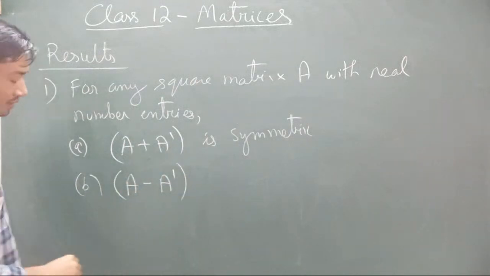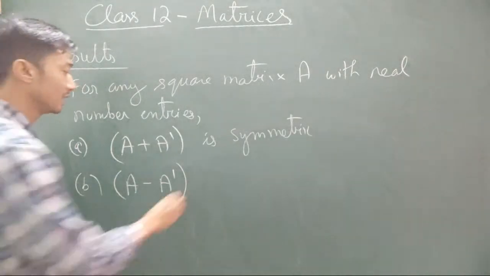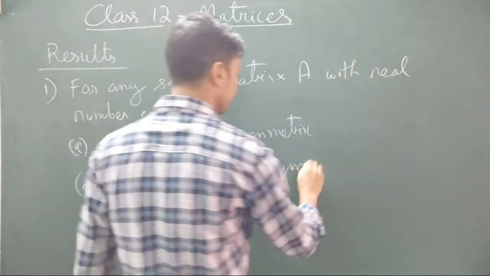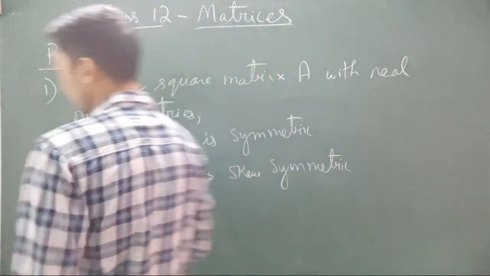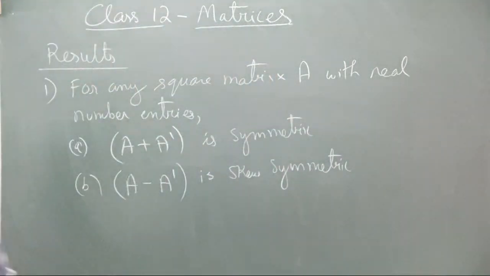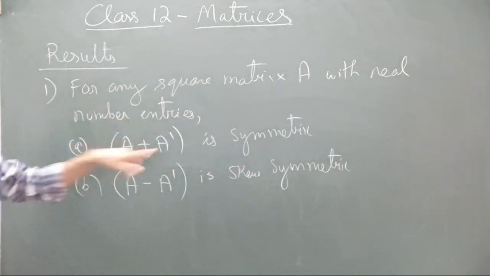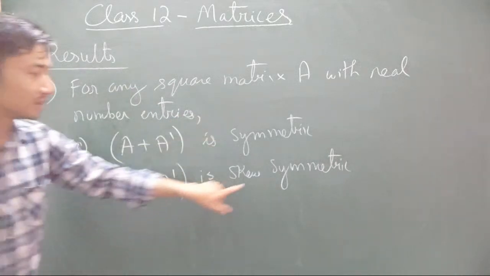If you subtract the transpose of the matrix from the original matrix, you will get a skew-symmetric matrix. So for any square matrix A, A plus A transpose is always symmetric, A minus A transpose is skew-symmetric.